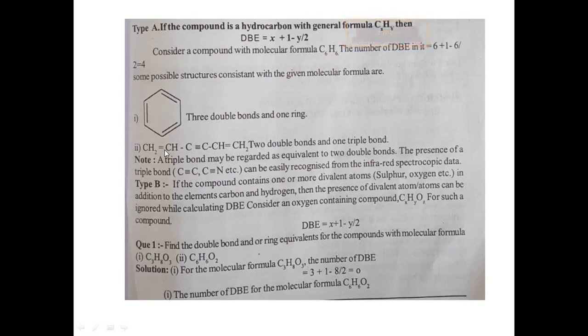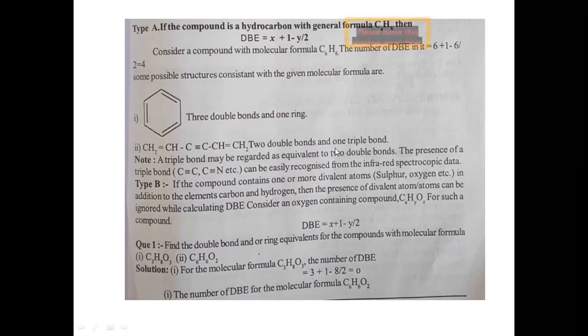A triple bond is considered equal to 2 double bonds. So 2 unsaturations from the double bonds, and the triple covalent bond equals 2 double bonds, so the number of double bonds will be 4 here.